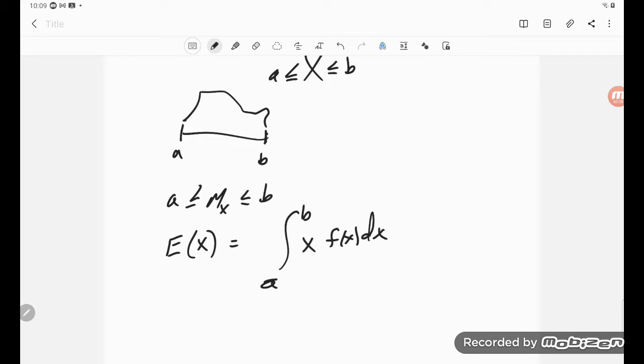And I think the thing to notice here is on this interval, let's see. Yeah, okay. I was just thinking about what if A is negative, or B is negative, but we're okay.